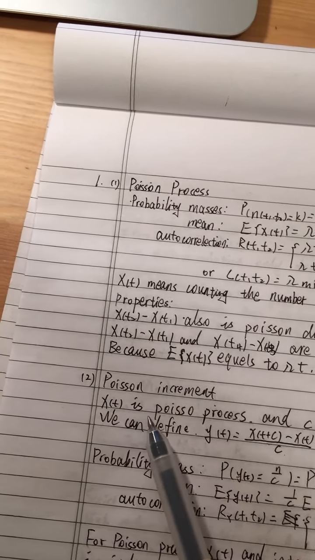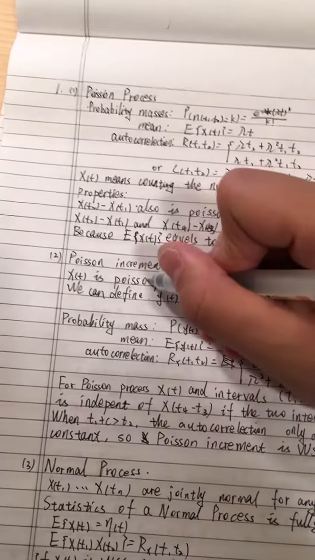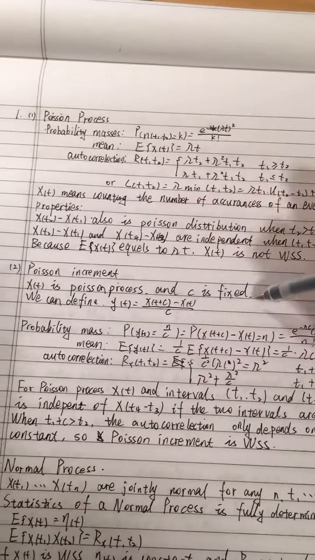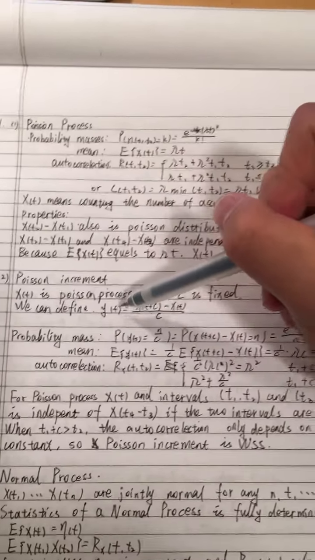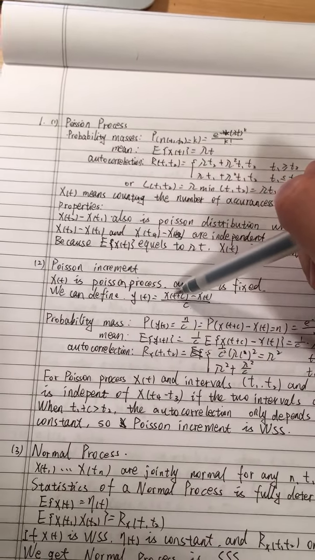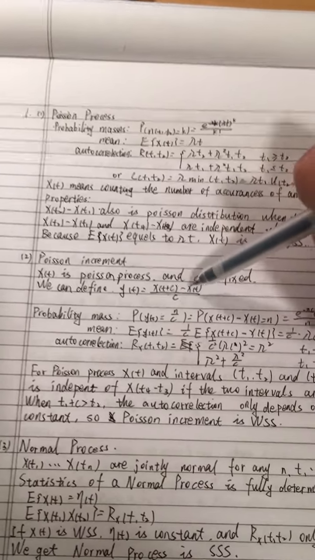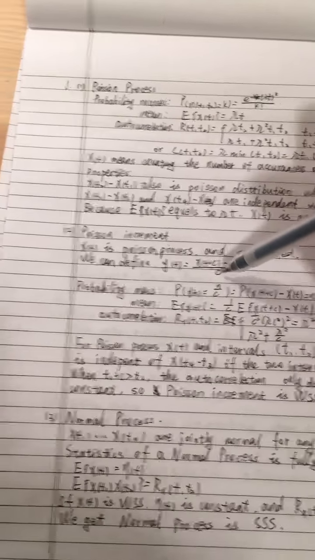And for the second question, Poisson increment. X(t) is a Poisson process, and c is fixed. So we can define Y(t) equals X(t plus c) minus X(t), over c.